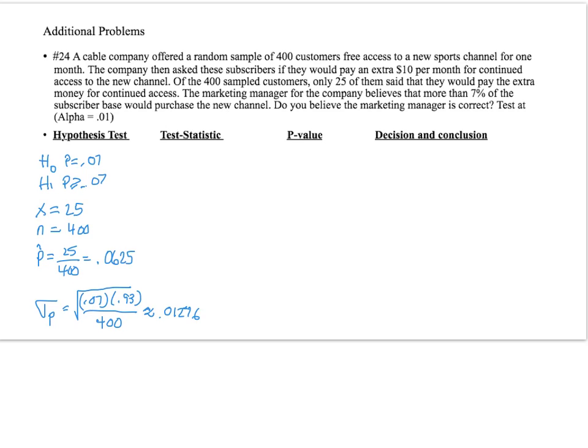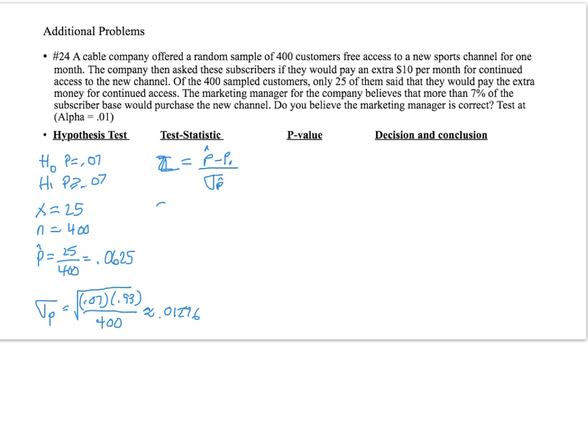And here the test statistic is z, and it's equal to p hat minus p naught divided by, obviously, the standard error of p hat.